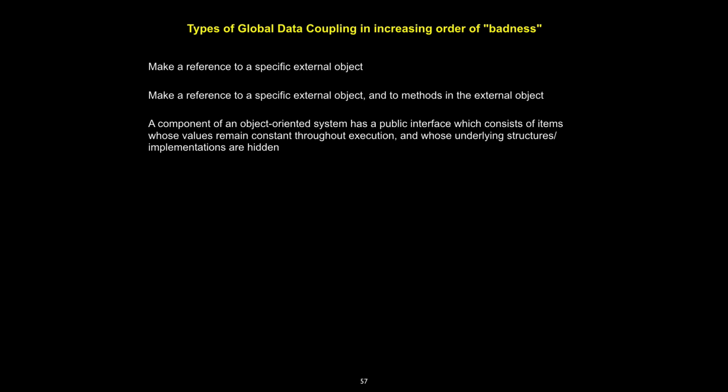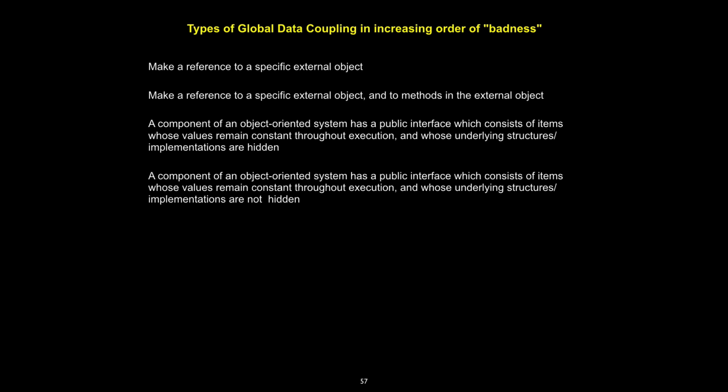Then that interface remains constant, right? Public interface, they don't change. Now if you expose how it's implemented, then that can cause problems because if you expose how cells are implemented, then we can't change them in the future. We're not doing hiding.